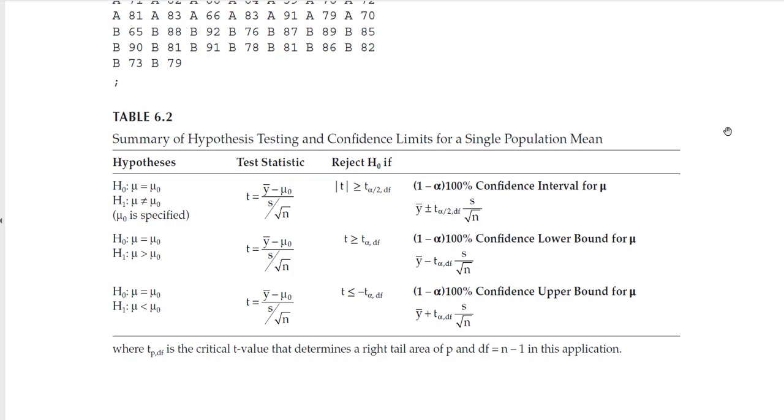Okay, just a brief review of the hypothesis testing for a single population mean. Previously, the things that we did were for a two-sided test. That was the p-value generated for the test of the mean in the univariate procedure and also for the means procedure. And so if you wish to specify mu equal to some specific value, we know that's done by t-test.